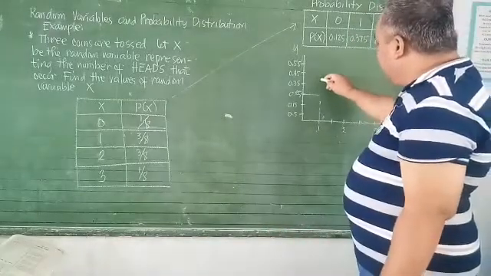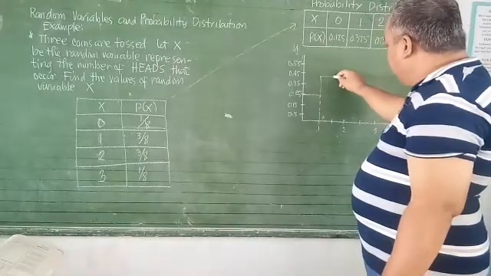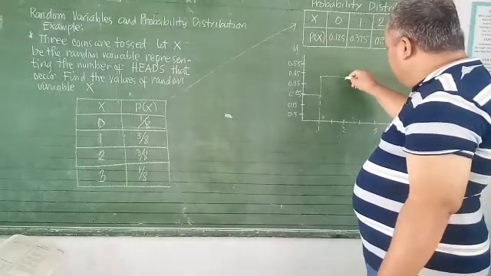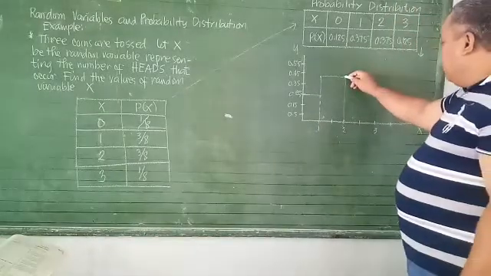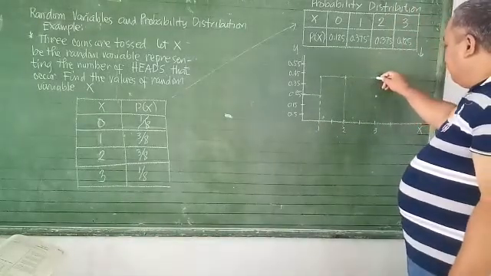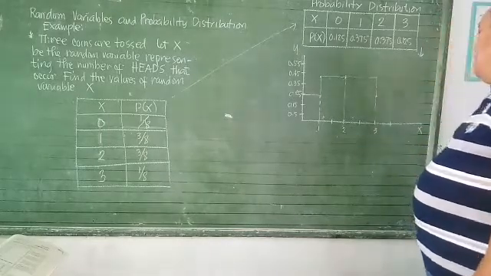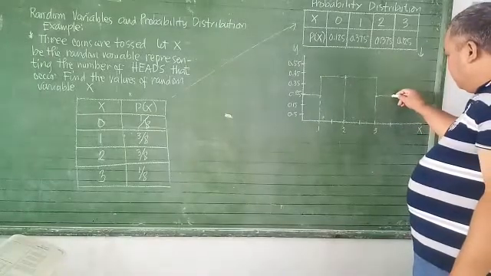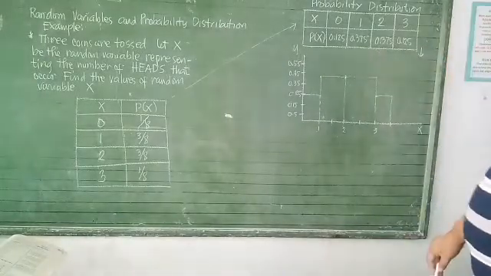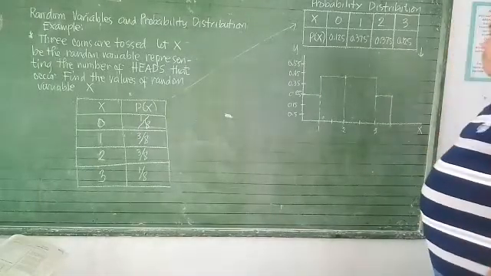And then the last, the 3, goes up to its end. So that will be your histogram.